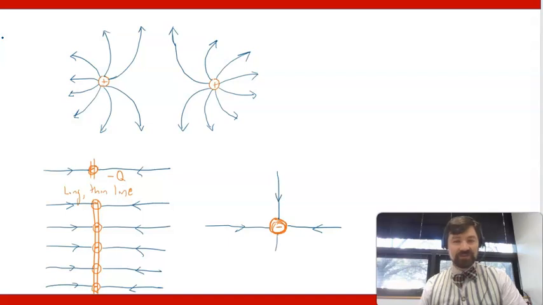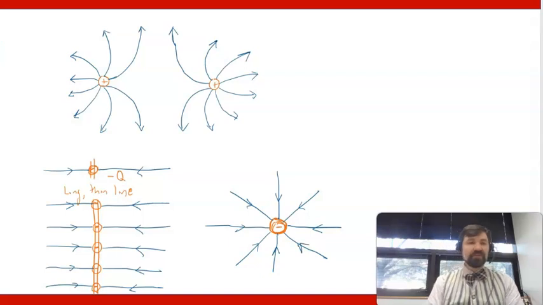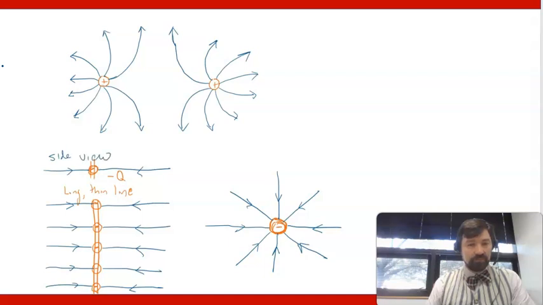And to accommodate that, I let the lines be somehow symmetric about my charge distribution. And so I end up with something that looks basically like this from the top. Okay, so side view, top view.